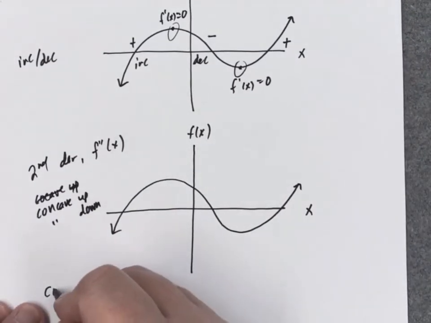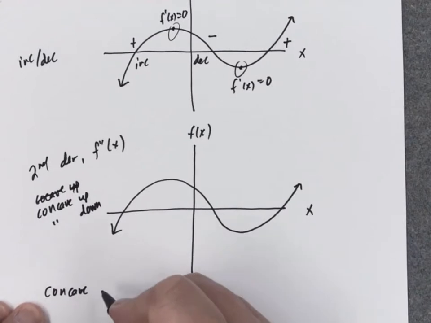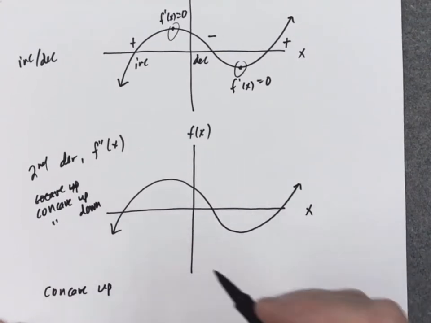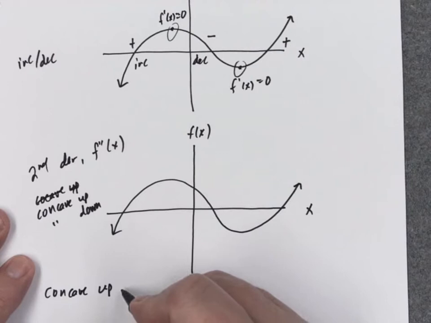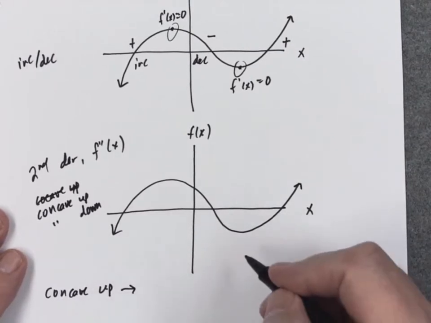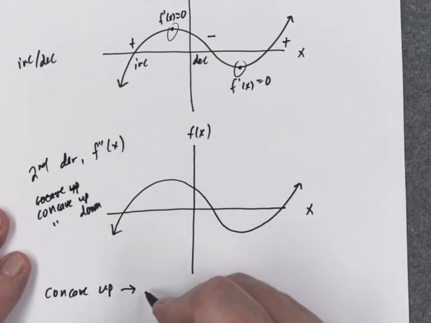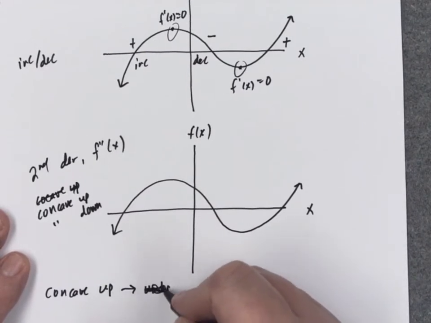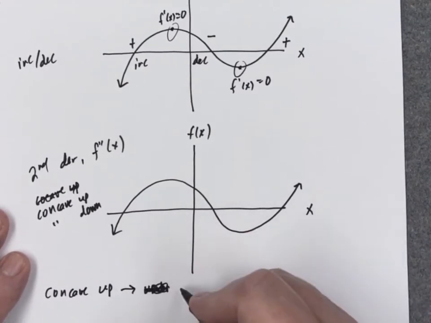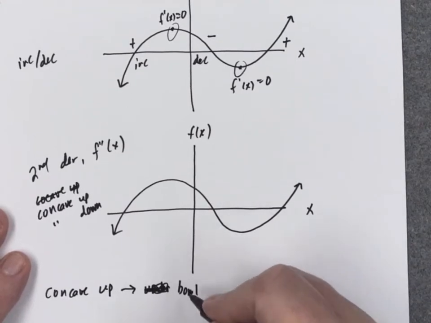Let me just explain this. When you're asked to determine where the graph is concave up, we're talking about the curvature. Concave up, I think of a bowl.